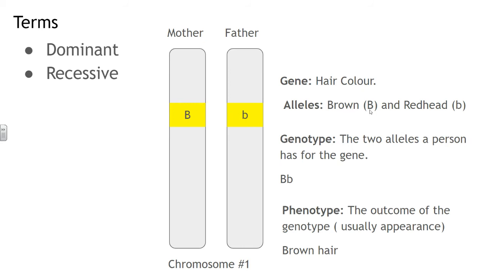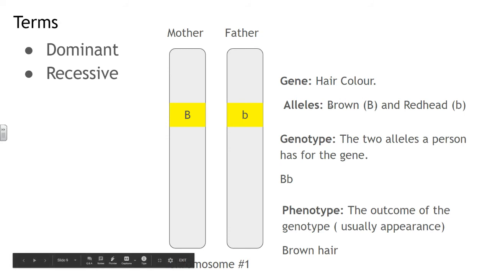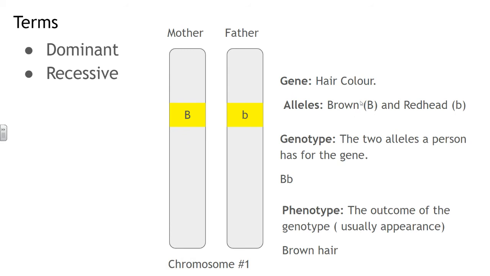If instead of writing brown, I'd decided off the cuff to write the word blonde, that person's phenotype would be blonde. If I'd decided that green was a capital B, and redhead was lowercase b, in this case, the person would have green hair. I get to decide when I write this question what the letters mean. So in different questions, you can't always think capital B is going to be brown, lowercase b is going to be redhead. It will vary question to question.